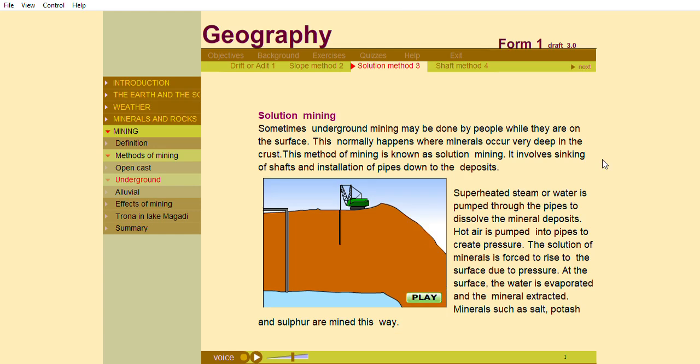Superheated steam or water is pumped into the pipes to dissolve the mineral deposits. Hot air is pumped into pipes to create pressure. The solution of minerals is forced to rise to the surface due to pressure. At the surface, the water is evaporated and the mineral extracted. Minerals such as salt, potash, and sulfur are mined this way.